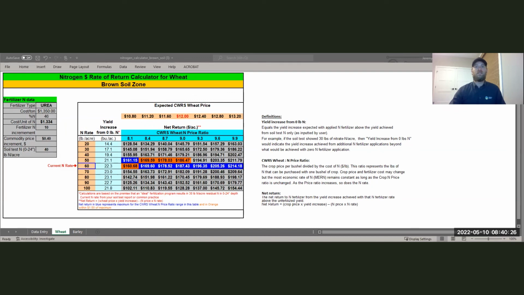At this price, we can buy 9 pounds of nitrogen with 1 bushel of wheat. You can see that at this price and nitrogen application rate, the net return is maximized as represented by the cells aligning in our nitrogen rate and crop price being blue.